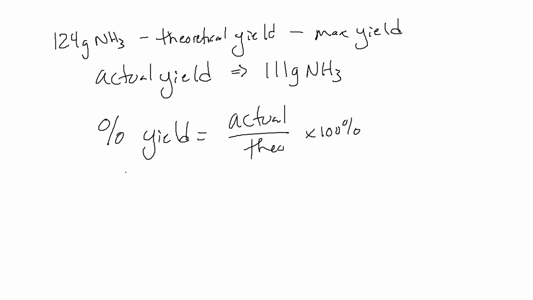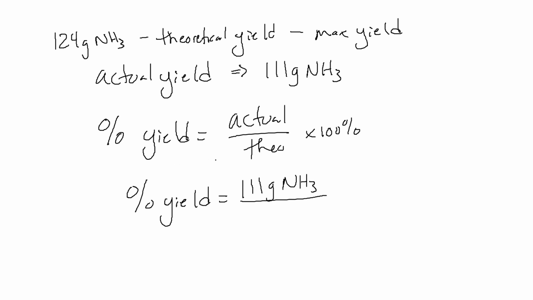And we want to know the percent yield. So percent yield would then be our actual, which is how much we actually produced in an experiment. And most of the time that would be given to you in a problem, divided by the theoretical, which most of the time you would calculate, like we did in the first example, 124. You times it by 100%.